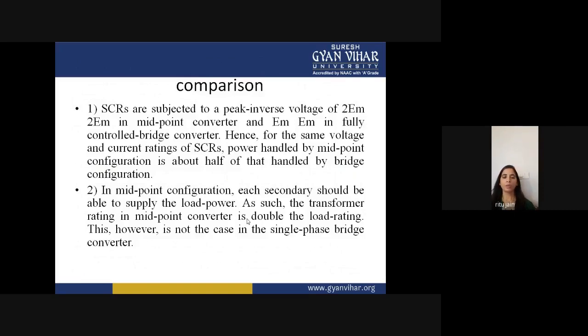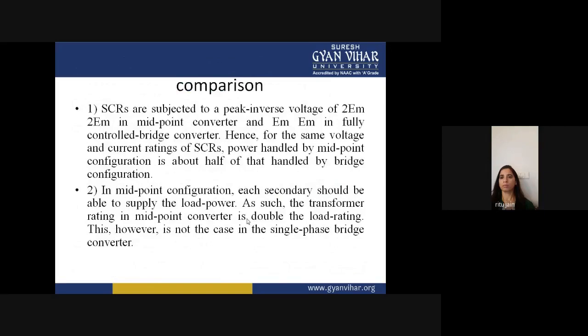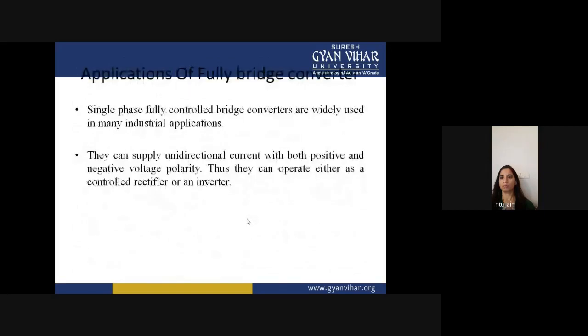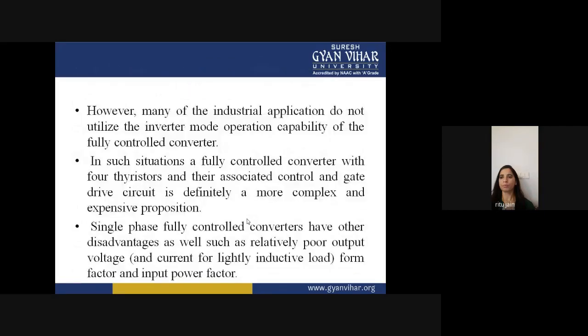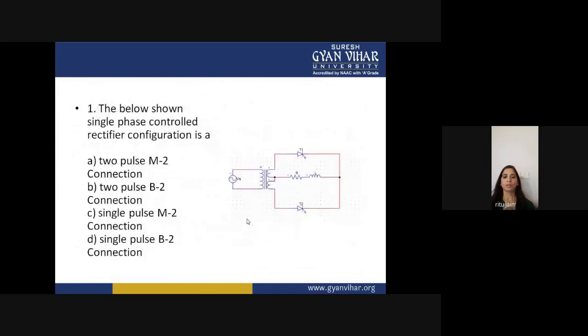So now I want to summarize this lecture. In the previous lecture we discussed the half wave controlled converter and uncontrolled converter. In the uncontrolled converter we were using a diode.